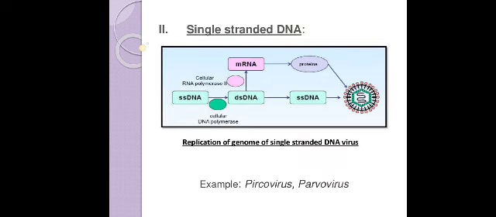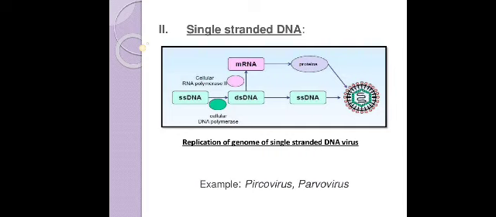Now we will discuss the second type, single stranded DNA. Here you can see the single stranded DNA, with the help of cellular DNA polymerase enzyme, will form a double stranded DNA. After the formation of double stranded DNA, mRNA will be formed with the help of RNA polymerase 2.